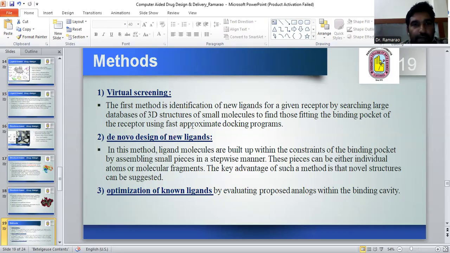Because of its cost effectiveness, virtual screening has become more useful in modern drug discovery.